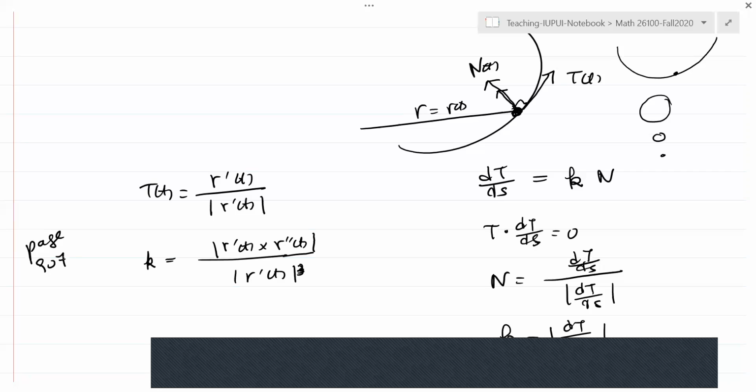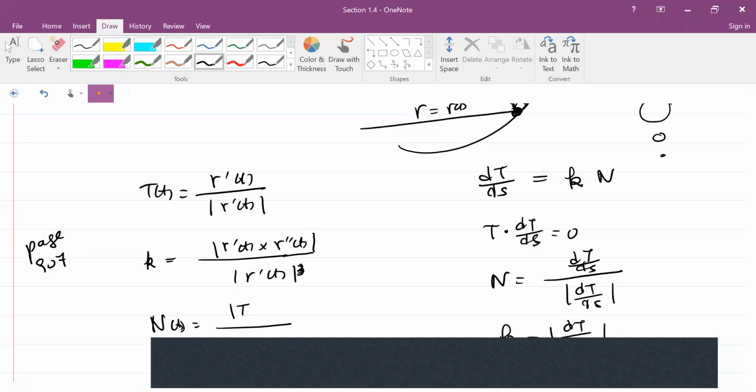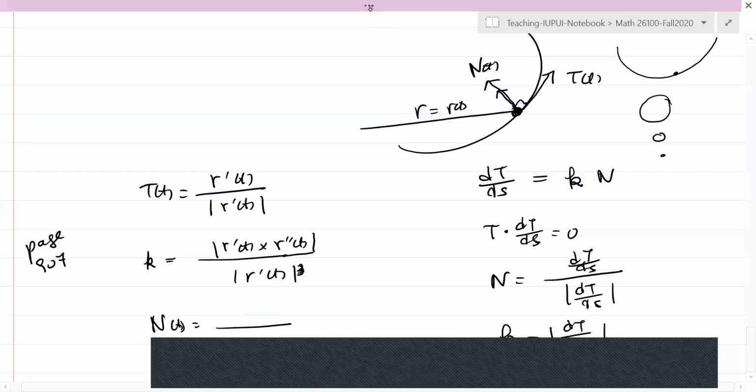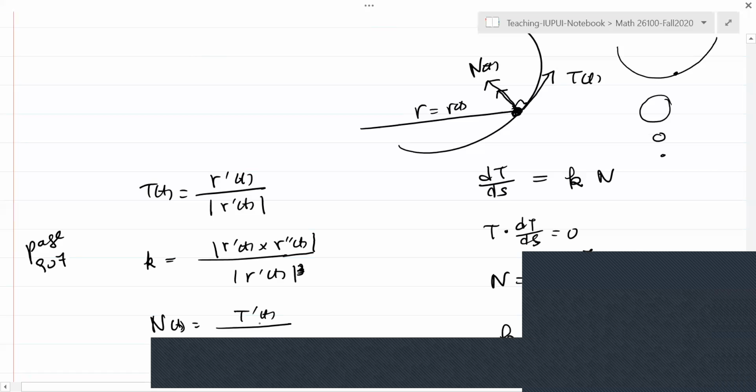It's not necessarily arc length, just time t. So the normal vector here is given in the book. You just find the derivative of the tangent vector, then you have to normalize it.